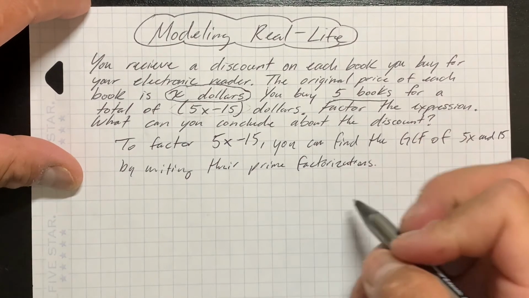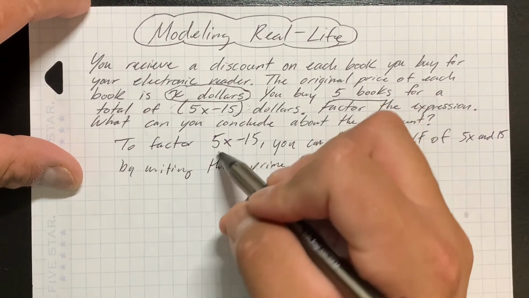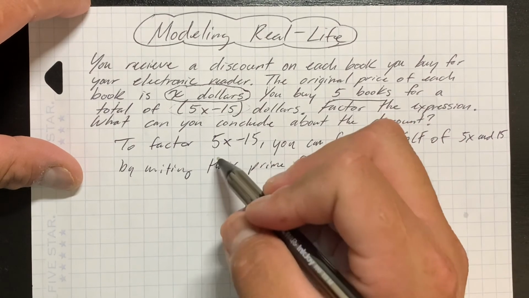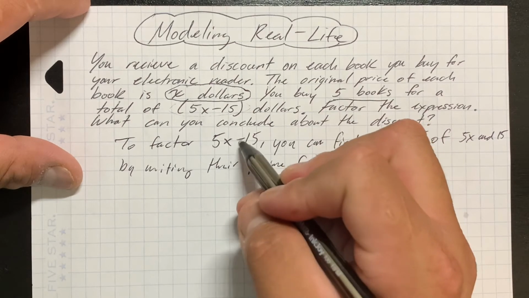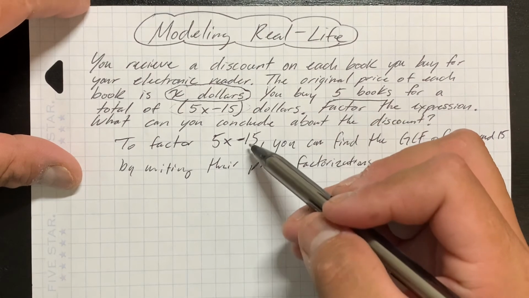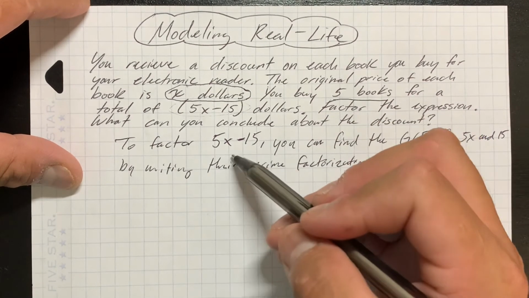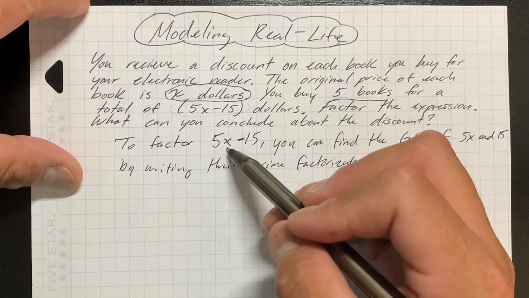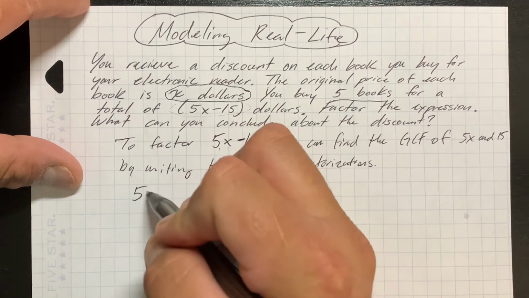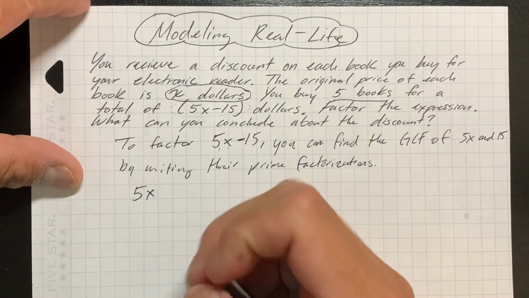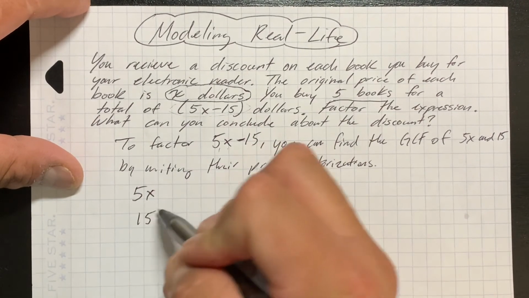We're going to take the terms. There are two terms in this algebraic expression: 5x is a term and 15 is another term, separated by that subtraction sign. You have the constant 15, the variable x, and the coefficient 5. So we're going to take the first term 5x and the second term 15.